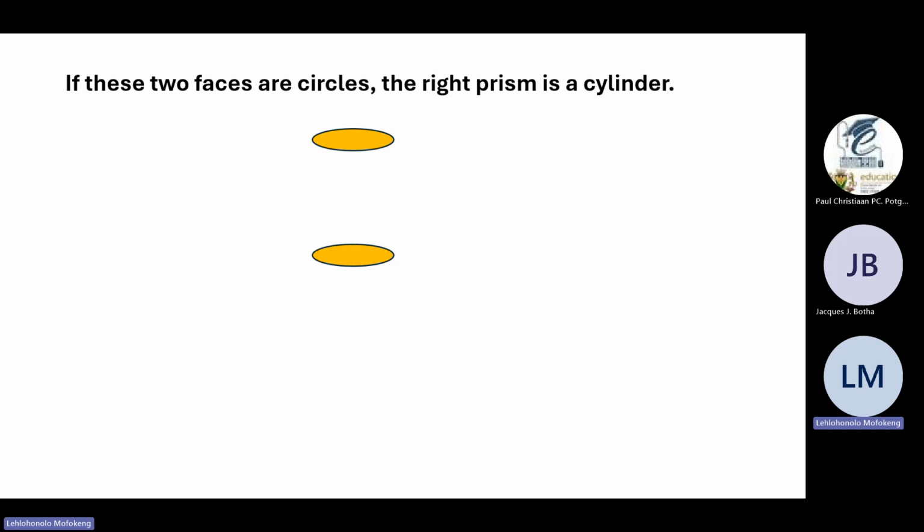Here we have these two faces that are circles, and then they complete part of a cylinder. So what we are seeing now is a cylinder with two faces that are parallel and identical, and these faces are circles.